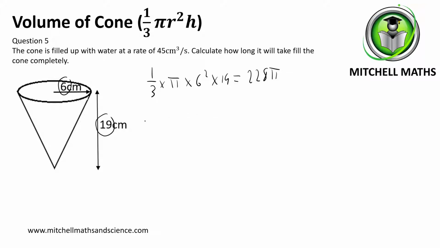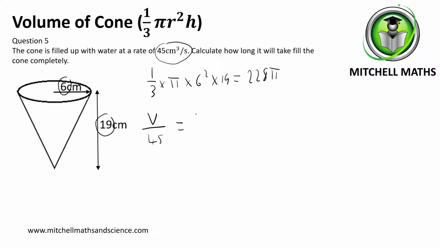Now that I've got the volume of the cone, so that's the total volume, if it's filling at 45 centimetres cubed per second, in order to work out the time it's going to take to fill, I need to do volume divided by the rate at which it's filling, which is 45.